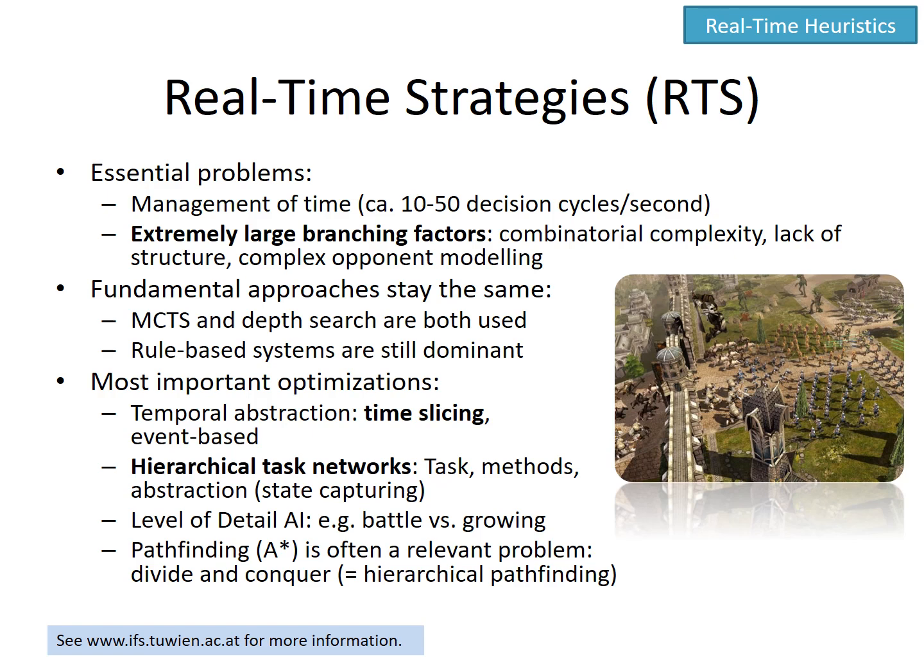Eventually, I would like to emphasize that pathfinding, like for example with the Dijkstra algorithm, is often a relevant problem in real-time strategy gaming because units have to move across large areas. Moves are not predefined as, for example, in chess.